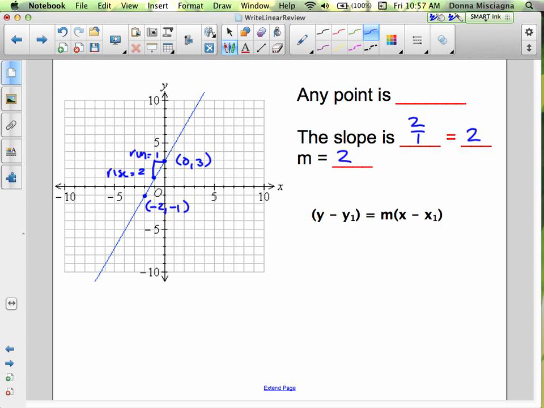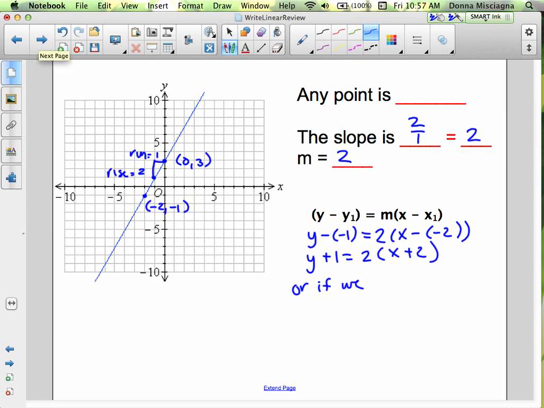So here, this would be y minus a negative 1 equals, and our slope was 2, times x minus a negative 2. And once we simplify those double negatives, we have our equation in point-slope form. So y plus 1 equals 2 times x plus 2. Or if we want to isolate y, it's no longer in point-slope form, it's in a modified point-slope form.